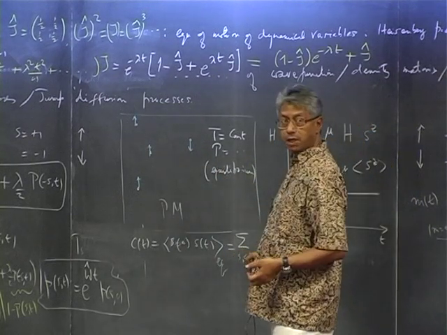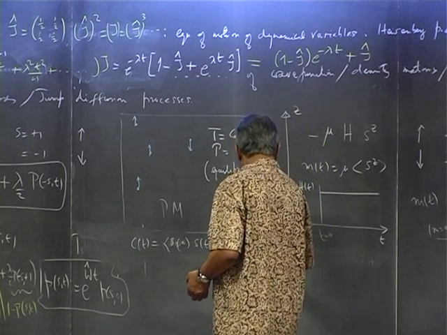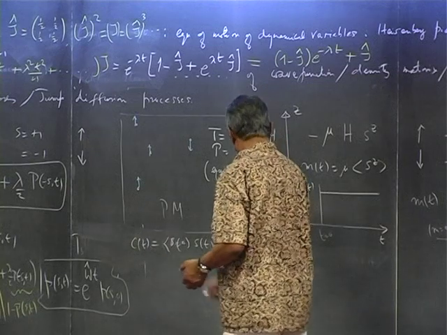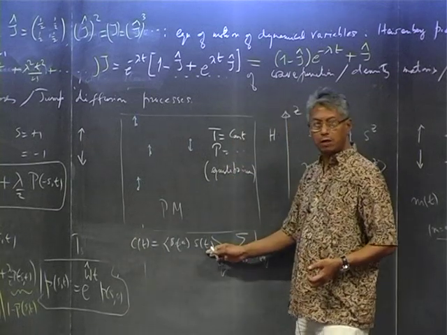So this is my trace operation, the summation, and I have P equilibrium of s prime. Then what is the meaning of this correlation function?